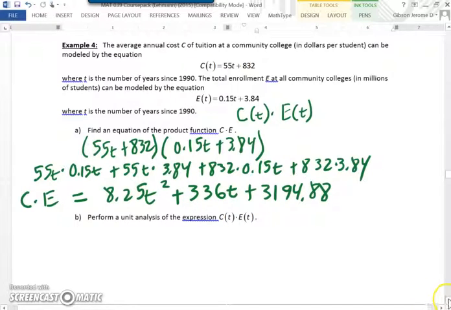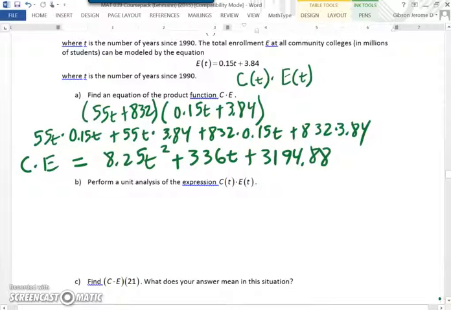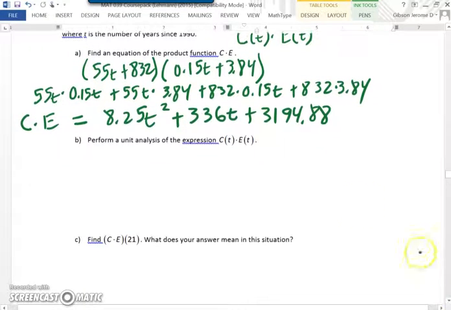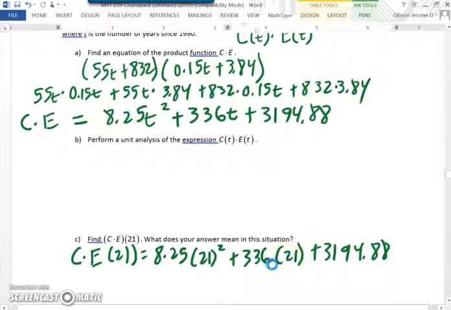Okay, now, what I want to do before we do B, since we have the answer to C times E, we might as well go ahead and do C right now. Because all we will have to do is replace T with 21. So, we will have C times E of 21 is equal to 8.25 times 21 squared plus 336 times 21 plus 3,194.88.